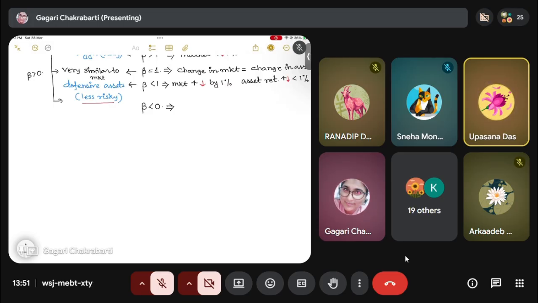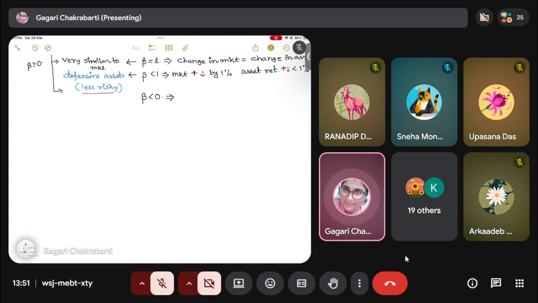Exactly. তুমি উল্টো দিকটা কিন্তু ভাববে না, because it is a risk analysis. So we are focusing on what is happening during the risky periods. So beta less than 0 means the market and the asset are moving in the opposite direction.